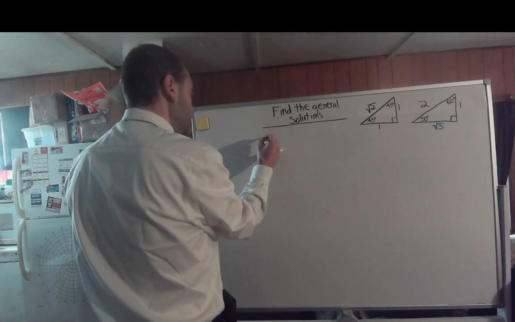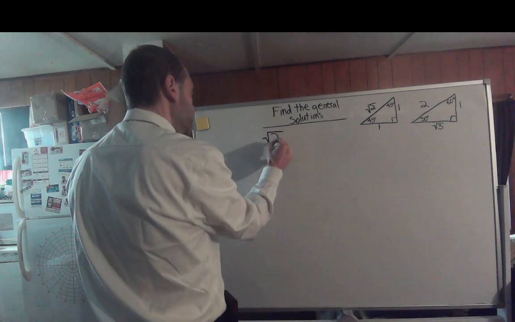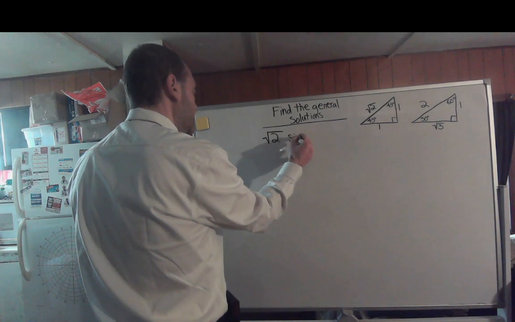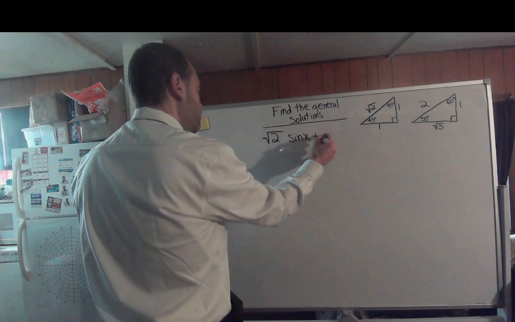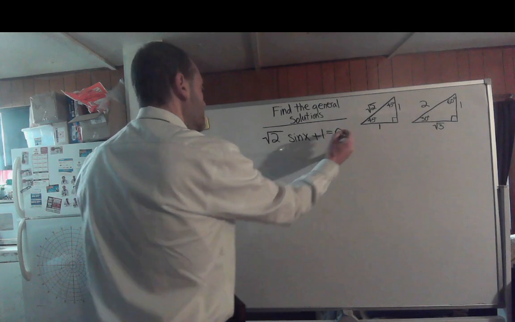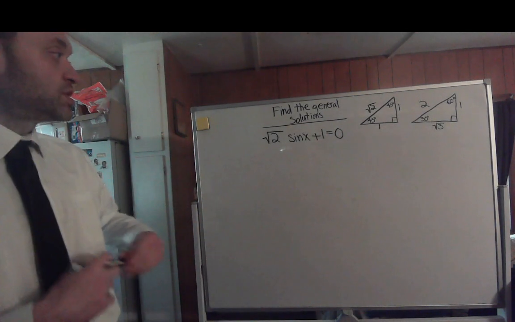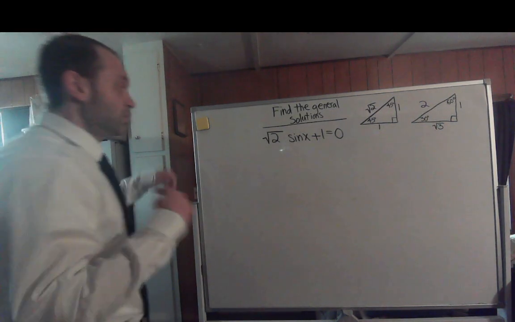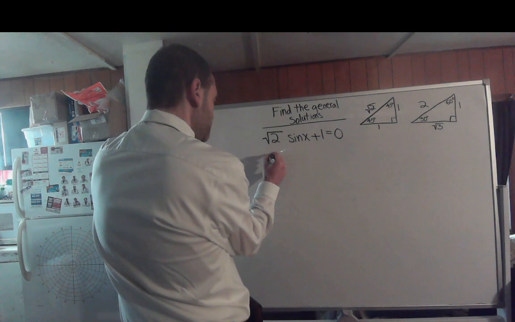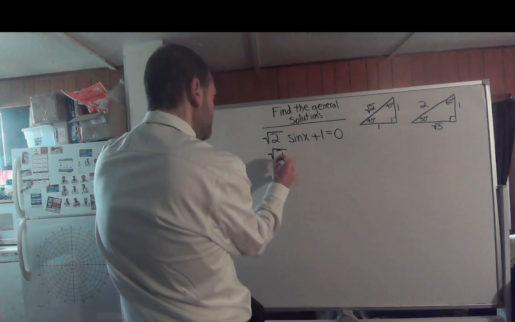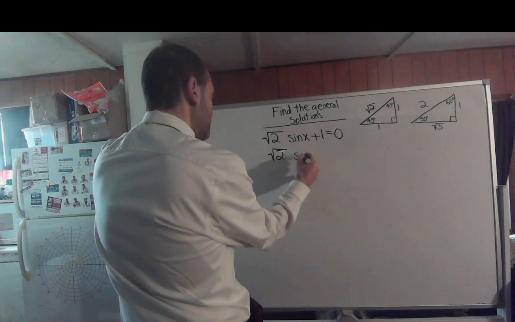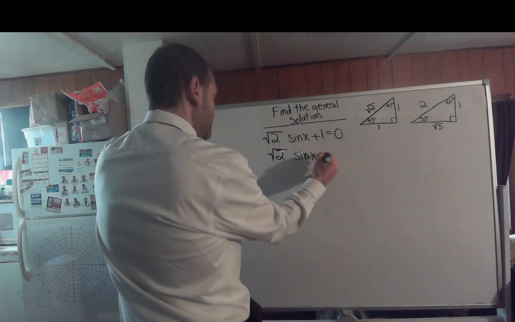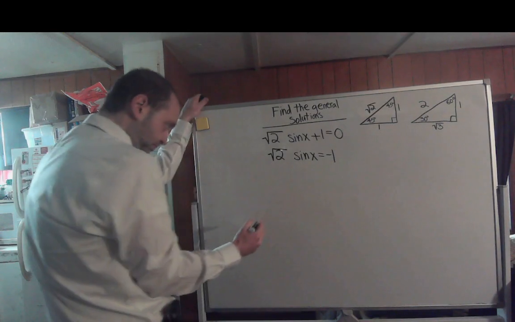How about the square root of 2 times the sine of x plus 1 equals 0. Well, get that sine of x term by itself, so this would turn into the square root of 2 times the sine of x equals -1.